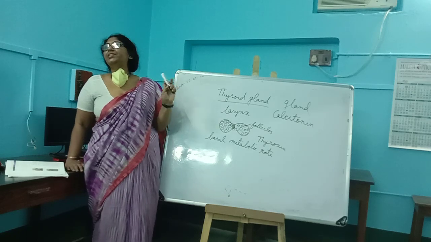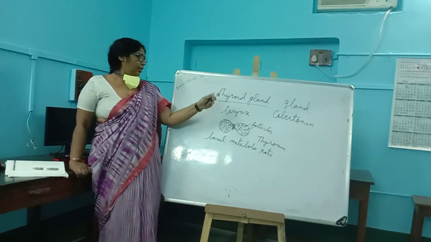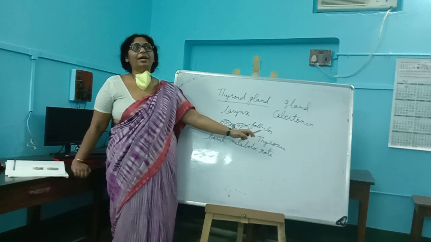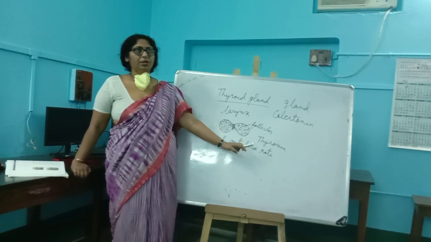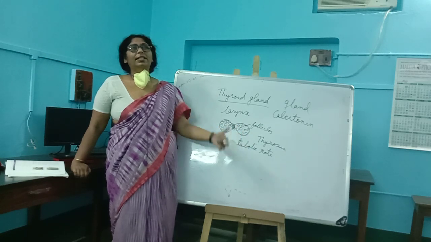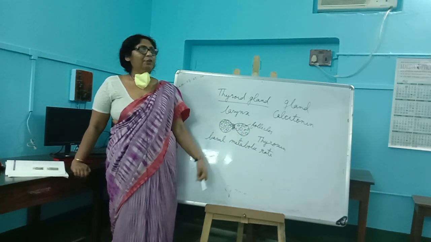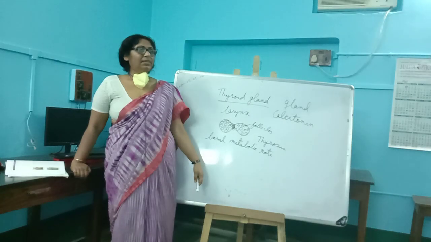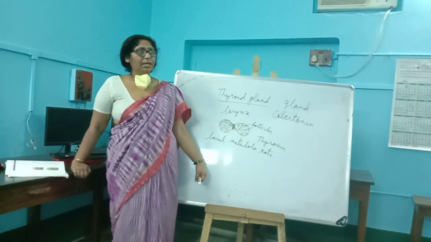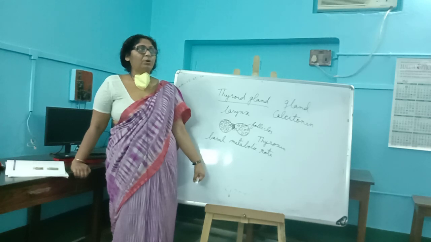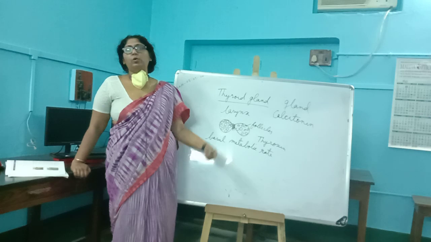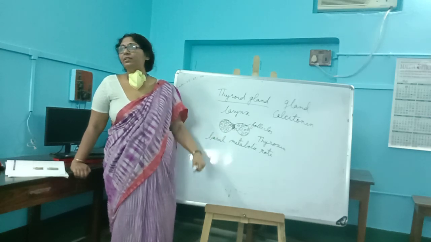What will happen if there is a deficiency? If thyroxine is produced in less amount, I told you thyroxine is controlling the metabolism, so metabolism will also be slow. If metabolism is slow, what will happen? The person will become very sluggish, will not feel like doing any work, isn't it? And if you don't feel like doing any work, you'll be sitting in one place and your weight will increase.